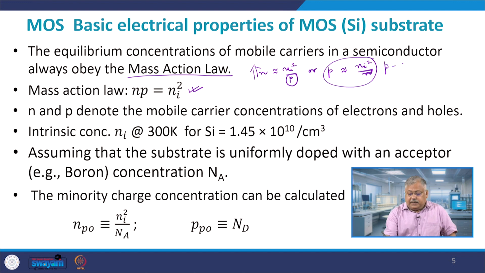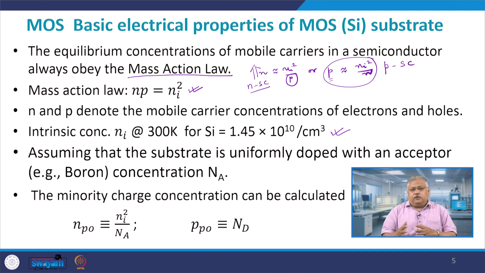So, this is for a P type semiconductor, where you want to find out the majority current carriers, and this is for an N type semiconductor where you find it for the electron as the majority current carrier. The intrinsic carrier concentration at 300 Kelvin is given by 1.45 into 10 to the power 10 per centimeter cube.